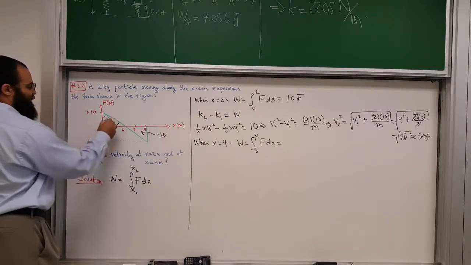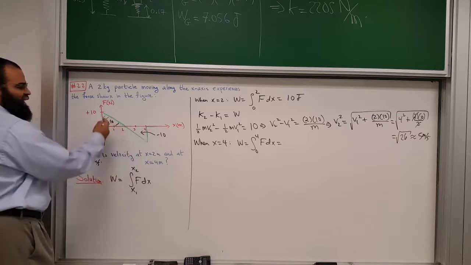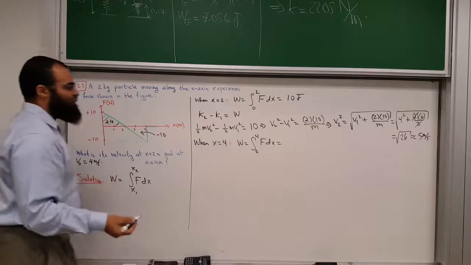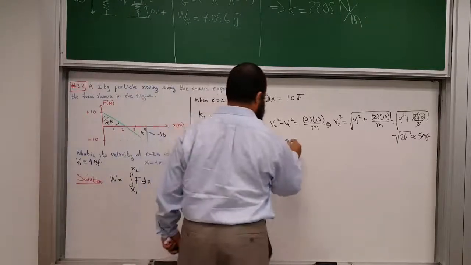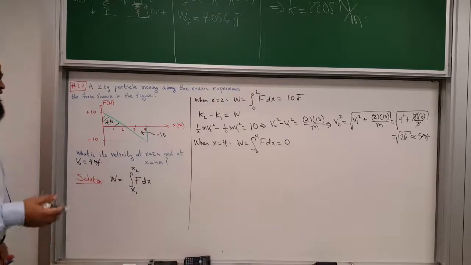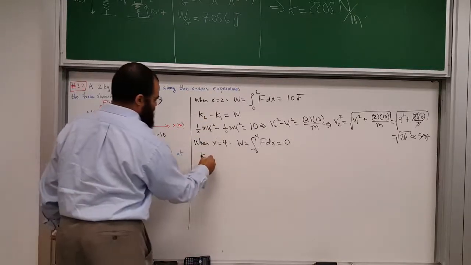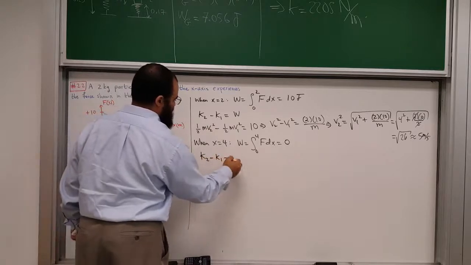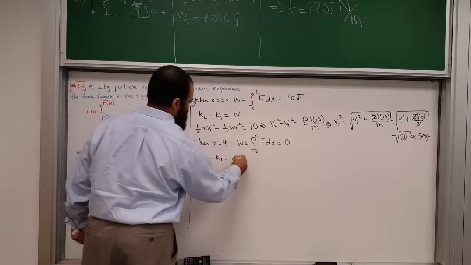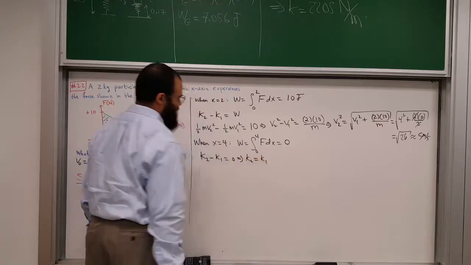So what's the total work? You did positive work here and then negative work there, so they add up to 0. So the work done is 0. If you don't do work, it means the kinetic energy doesn't change. Because K2 minus K1 is equal to the work done, which is 0, the kinetic energy at the end will equal the kinetic energy at the beginning.